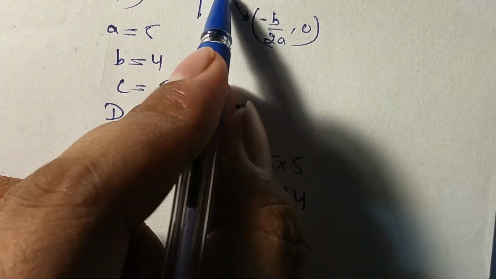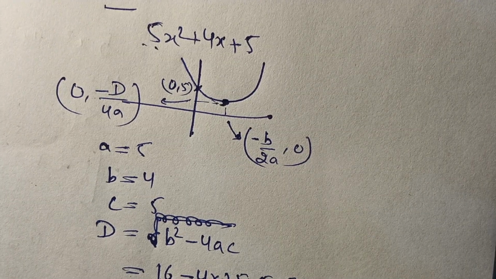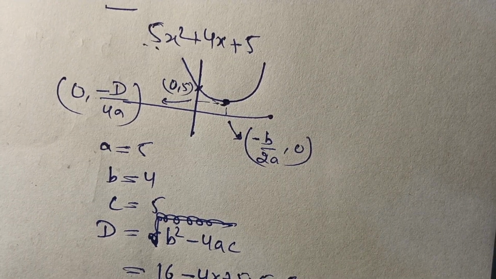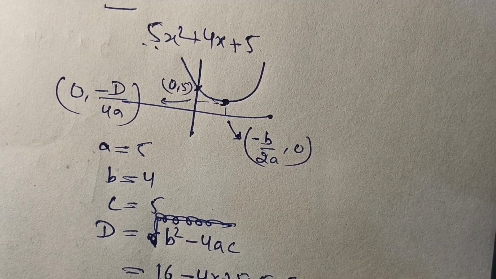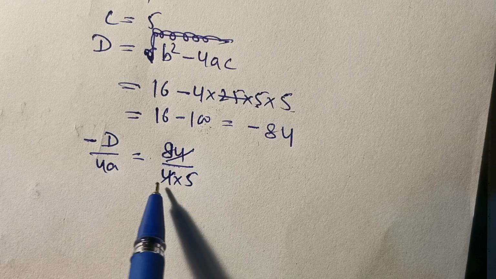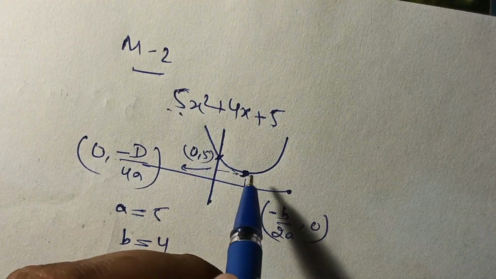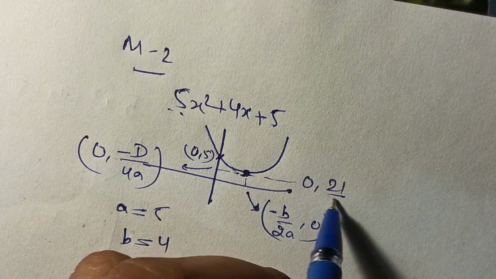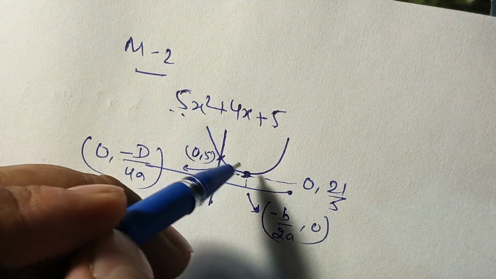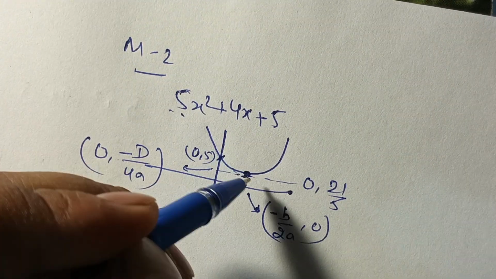Now we can find the minimum value, which is minus d by 4a, which is 84 by 4 into 5. This cancels out in 21, so we are left with 21 by 5. So this point is 0 comma 21 by 5, and we know that the quadratic will take every value of y above this.